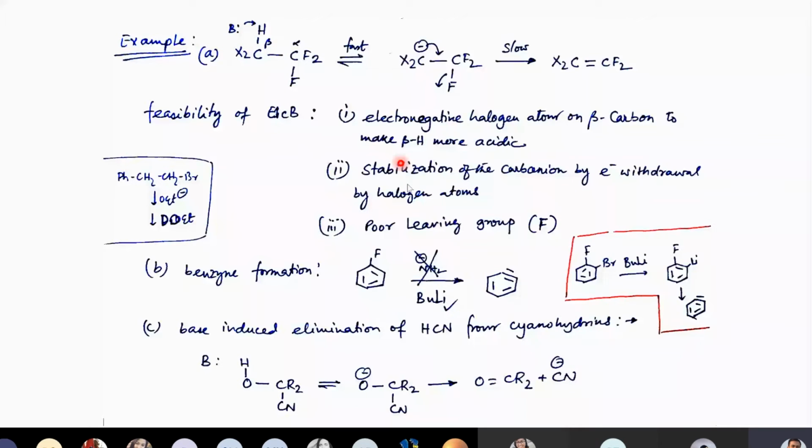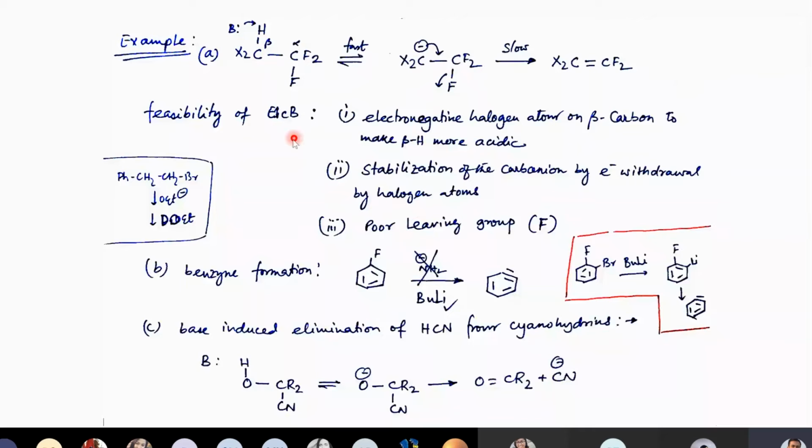Second is stabilization of the carbanion by electron withdrawal by the halogen atom. So this halogen atom again stabilizes this carbanion. First is acidity of the proton. Second is stabilization of this negative charge. And third is a poor leaving group, in this case fluorine. If these three criteria are fulfilled, then this mechanism could be followed.